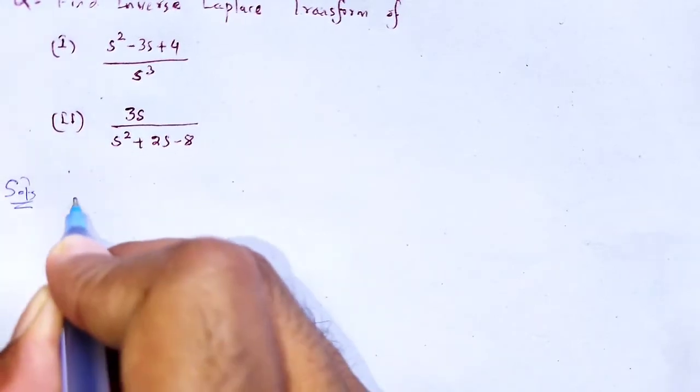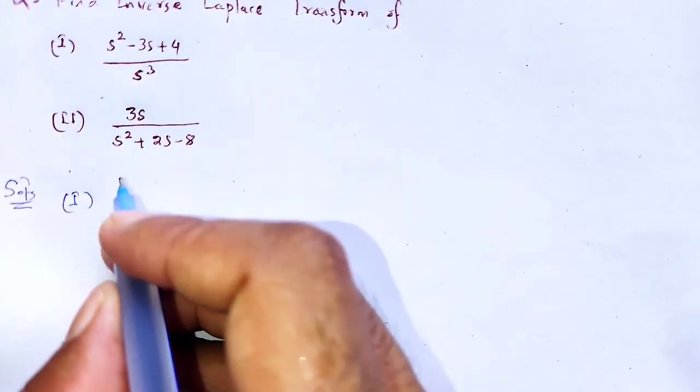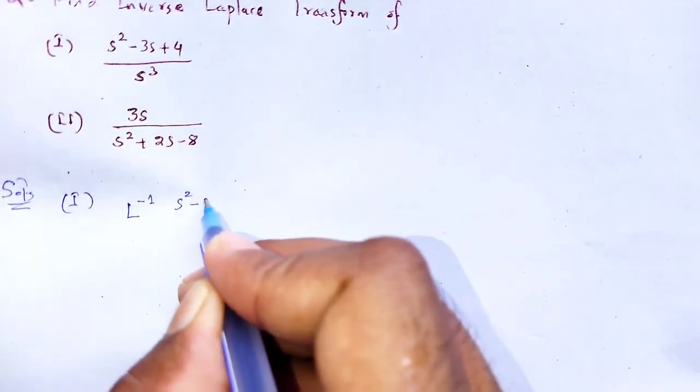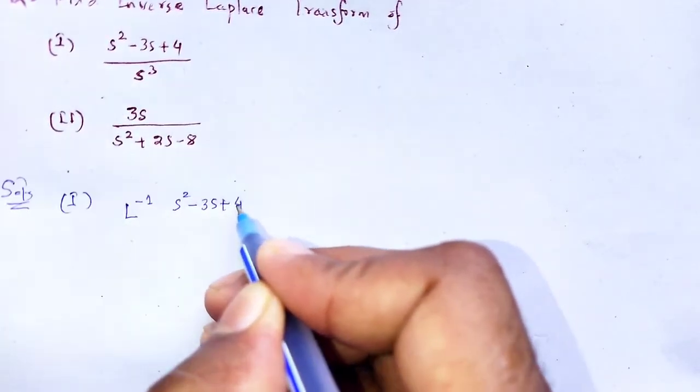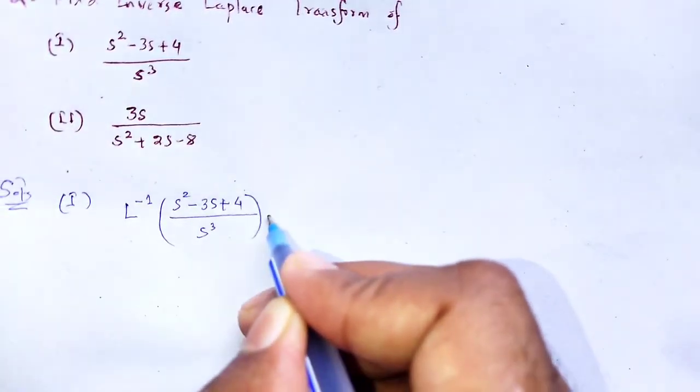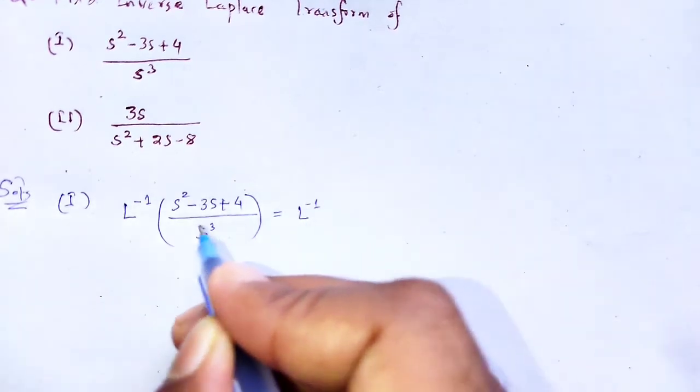Solutions. As I, inverse Laplace transform of (s square minus 3s plus 4) divided by s cube. That is inverse Laplace transform.